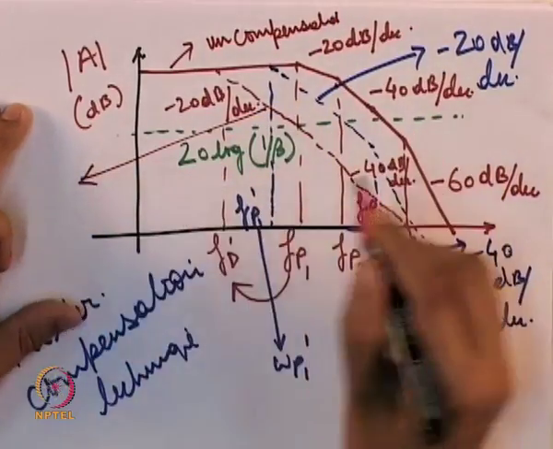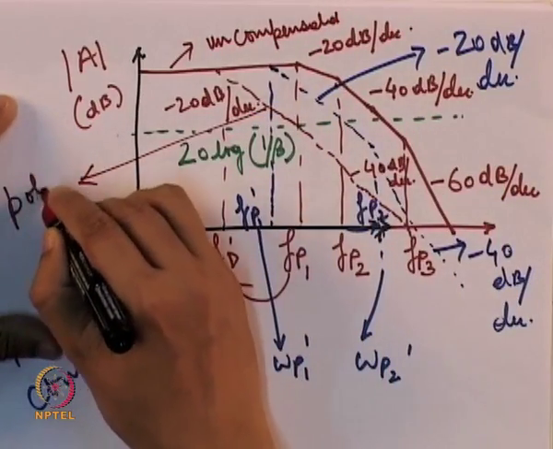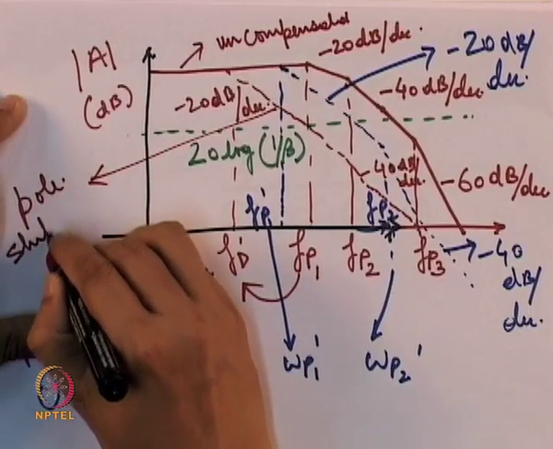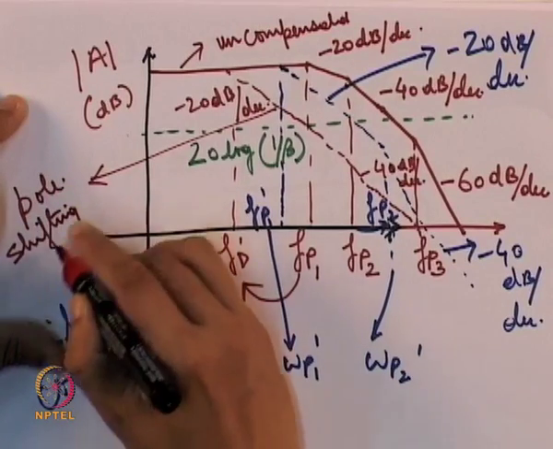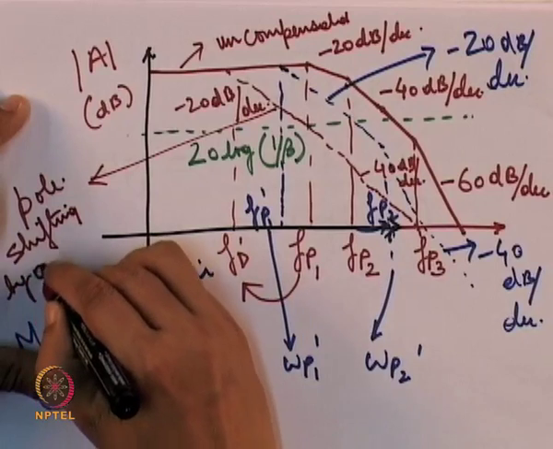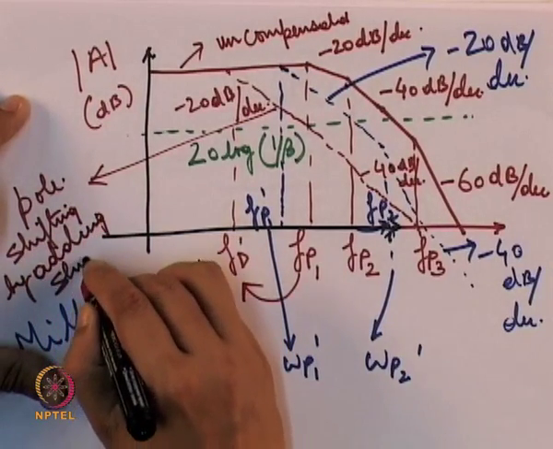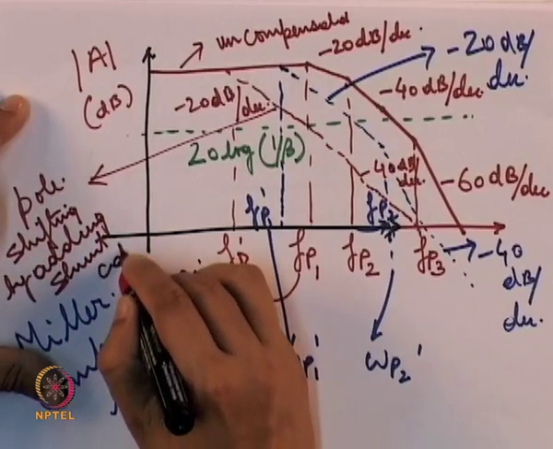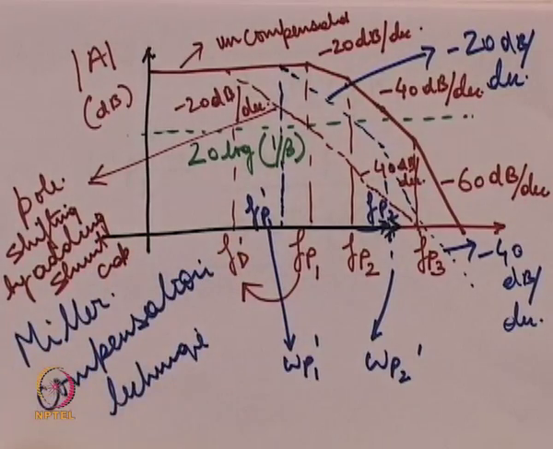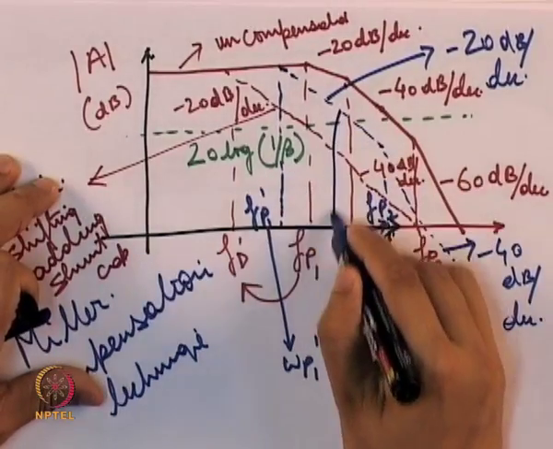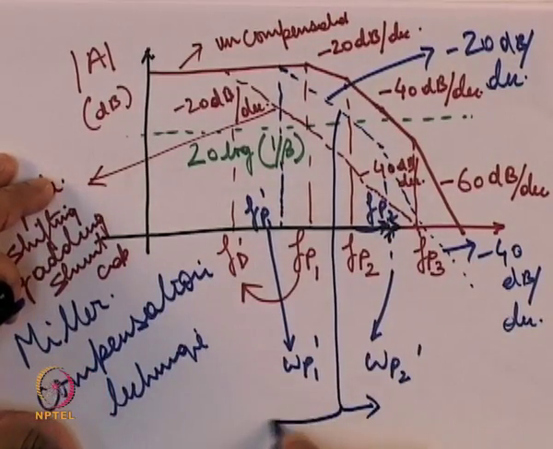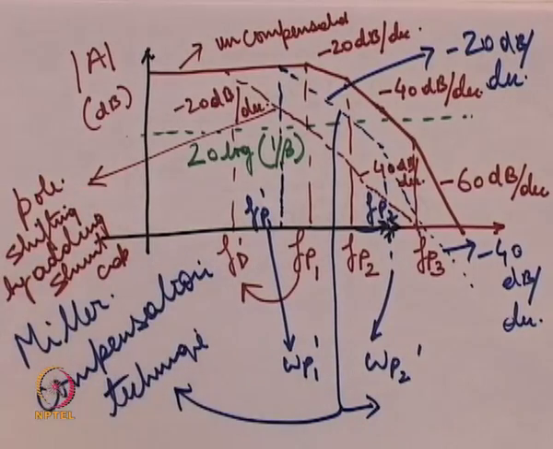This is by pole shifting, pole shifting by adding shunt capacitance, and this blue line is the technique that we just discussed, this Miller compensation technique.